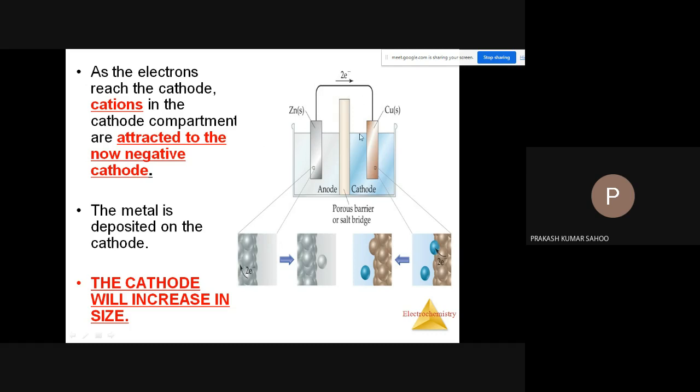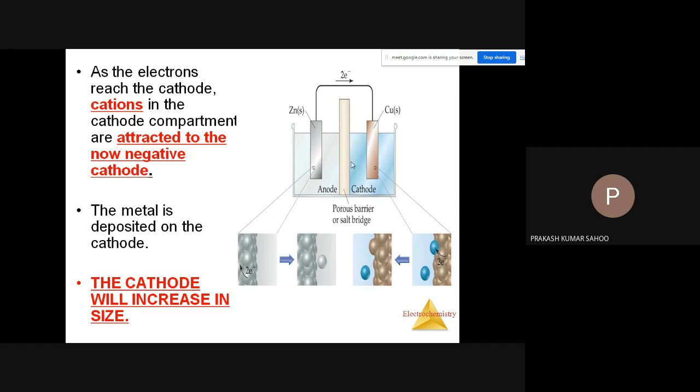For hydrogen the potential is 0 volt, and the voltmeter shows minus 0.76 volt. Where does this potential difference come from? It is coming because of this zinc electrode. So it is concluded that the electrode potential of zinc is minus 0.76.